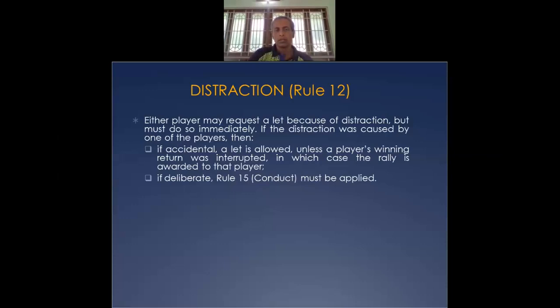So if the distraction was caused by one of the players, if it is accidental, a let is allowed, unless the player's winning rally was interrupted. Even if it is accidental, but it was going to be a winner, then the point goes to the player with the winning return.